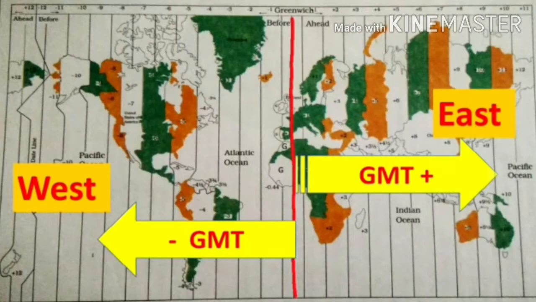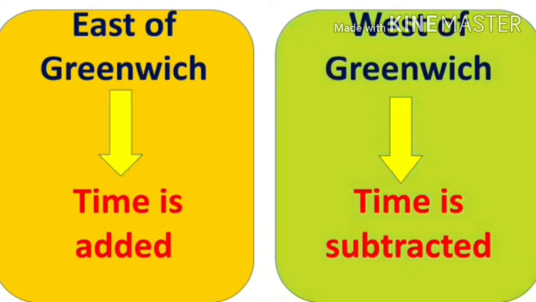Those places east of Greenwich will be ahead of Greenwich time, and those places west of Greenwich will be behind Greenwich time. So that means east of Greenwich, time is added, and west of Greenwich, time is subtracted.